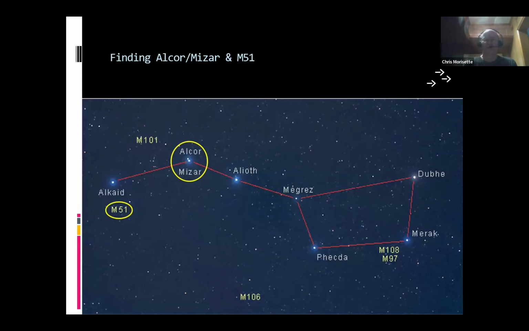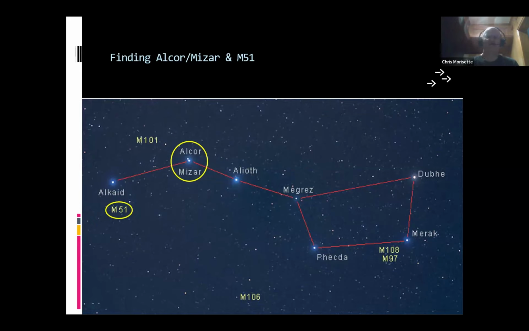time of year. I'll start out with an easy one. We're going to do a double star called Alcor and Mizar, and this is a really easy one to find. The middle star in the Big Dipper handle is actually a double star. So if you are looking up at the Big Dipper and you have a pair of binoculars, look at that middle star and you'll be able to resolve two stars that are relatively close together.